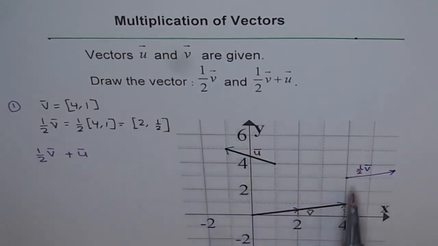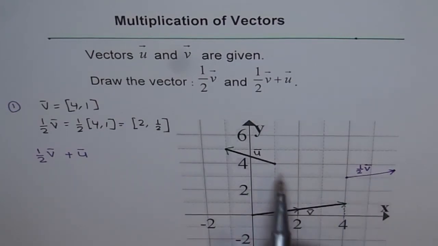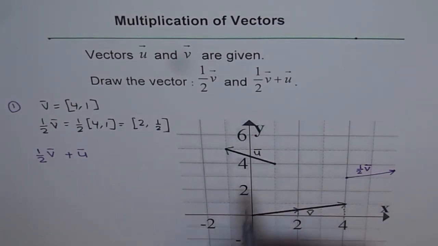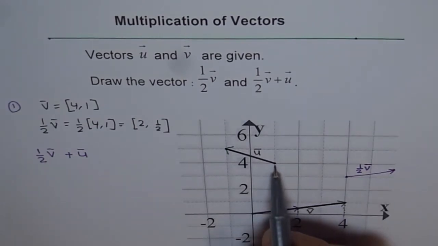Now to do half of v plus u, what we can do is put this vector with tail on the head of this vector, right? And get our answer. So that's one way of doing it. So we'll translate this vector half of v so that we can place this head right at the tail of u, okay?